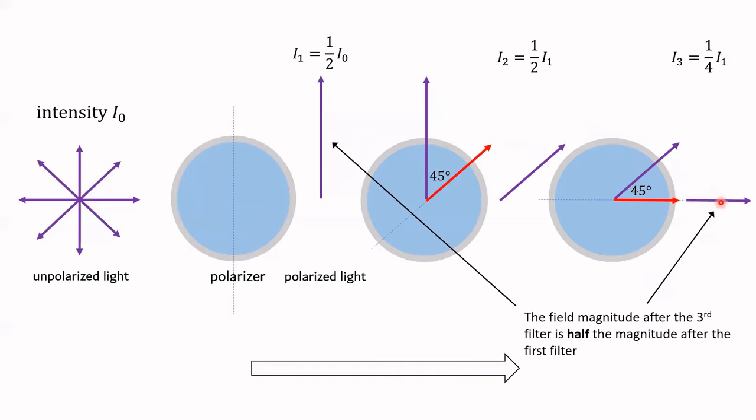It looks to me like this vector is half as long as this one. Does that look about right? Half of this length is this length. So the field may be 1/2 its original value, but remember that intensity is the square of the field. Half the original field means 1/4 the original intensity.